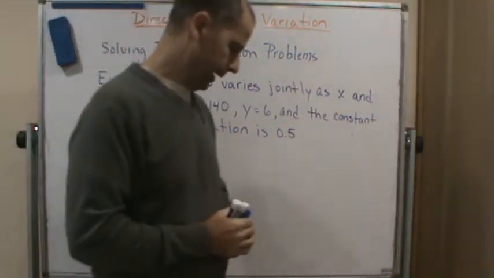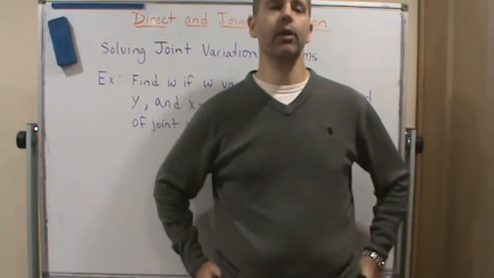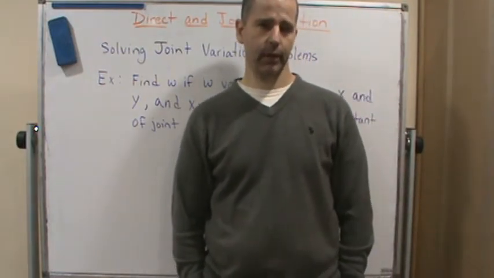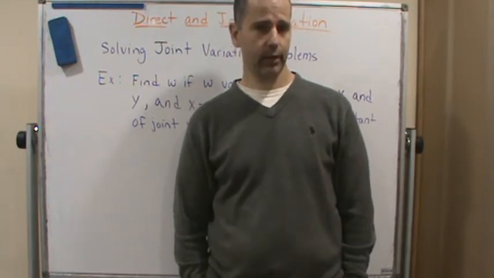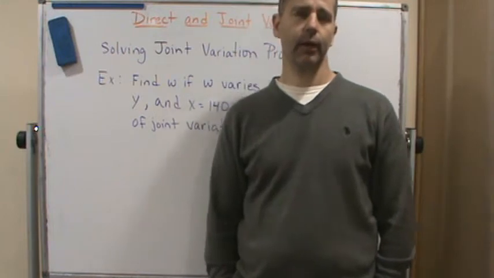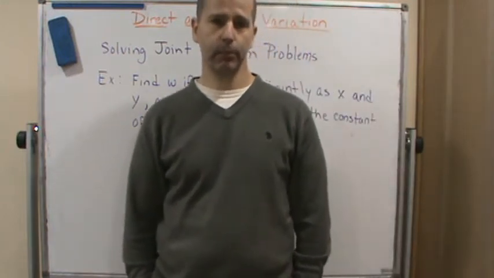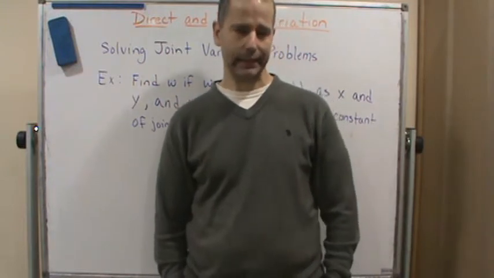Okay, so welcome back. So now in this video, what I'm going to talk about is another type of variation that is also related to direct variation. So far we've talked about variables that are directly related to each other, that vary directly, right?